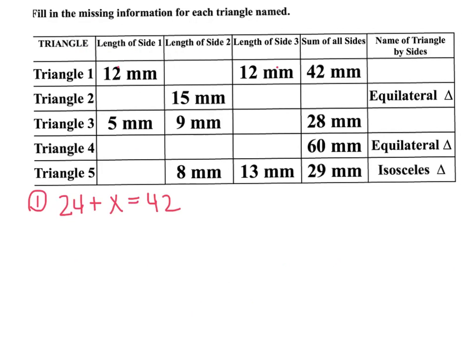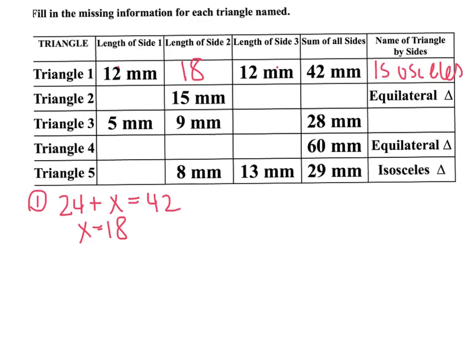So if we say 42 minus 24, it's going to be x equals 18. So this missing side is going to be 18 millimeters. And then we need to classify the triangle by its name. So we have 2 sides that are the same, so this is going to be isosceles.